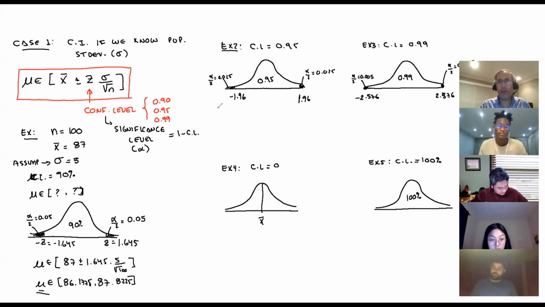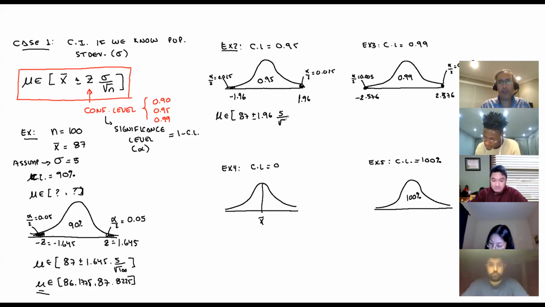Okay. So here, basically, guys, this is going to be 87 plus or minus 1.96 that multiplies 5 over the square root of 100. You agree?